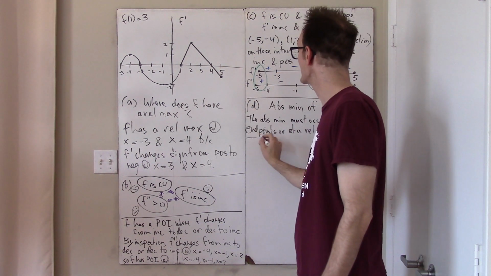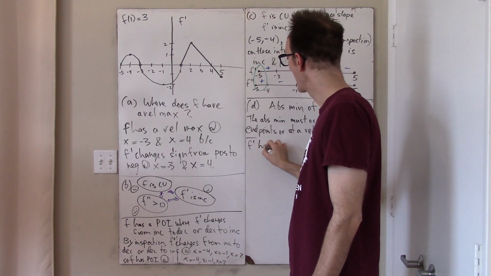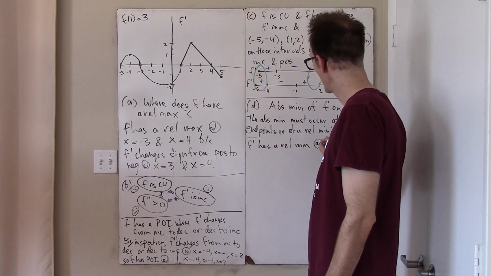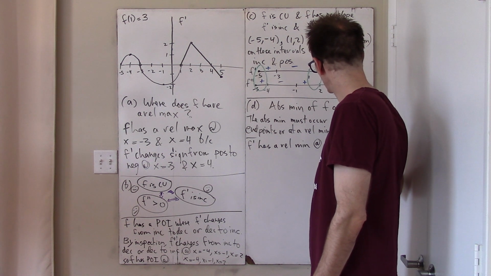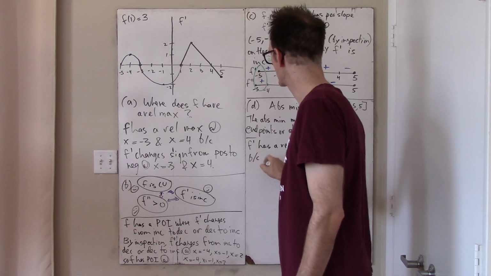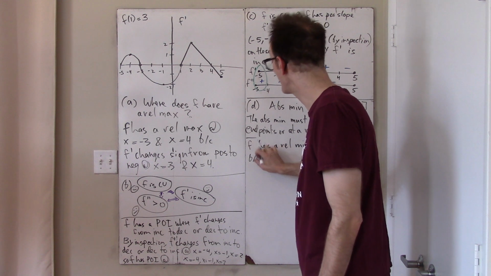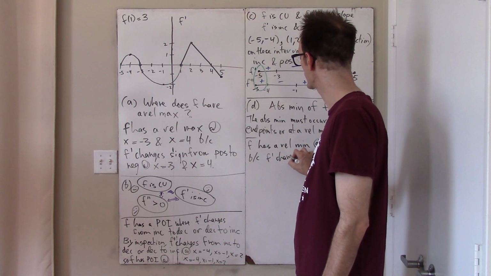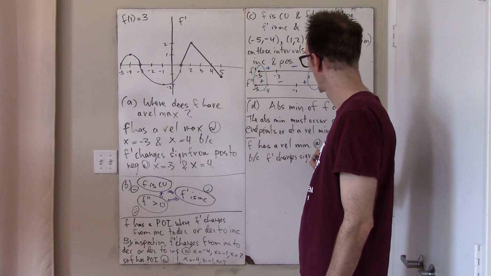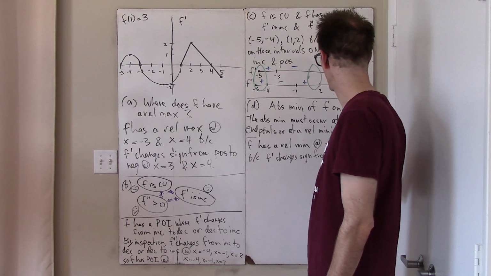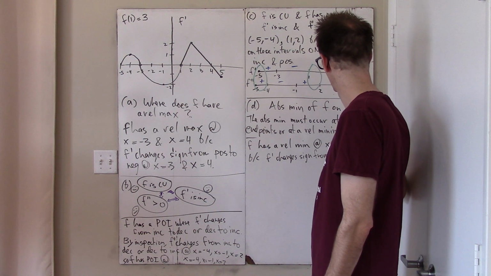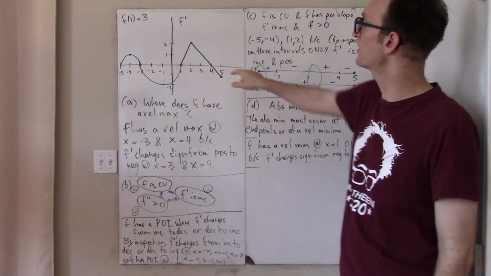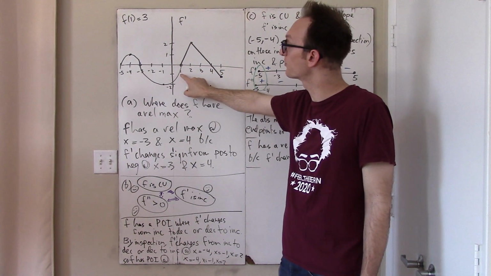So f has a relative minimum at x equals 1 only because f prime changes sign from negative to positive. Thus, I have now explained quite clearly that this function has a relative minimum at x equals 1.